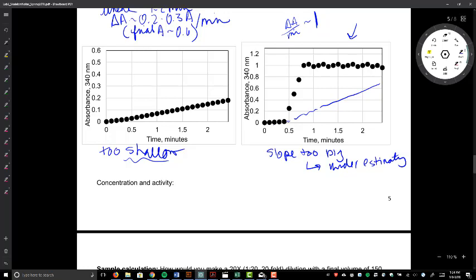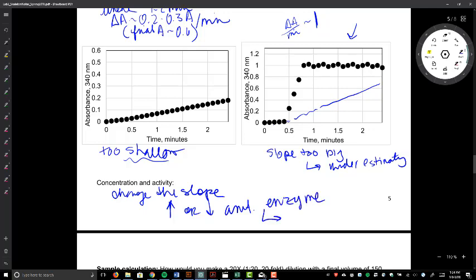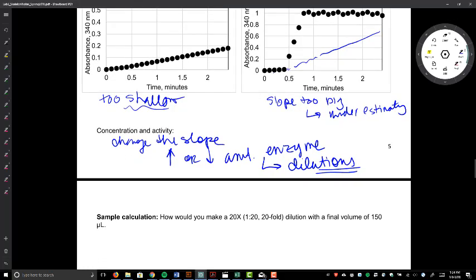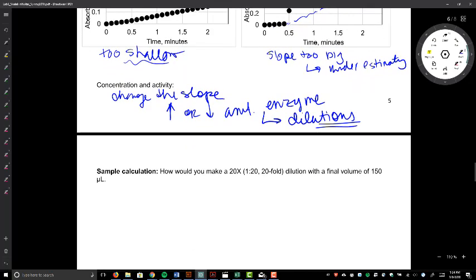And so we can change the slope by increasing or decreasing the amount of enzyme. And we can do this by making appropriate dilutions of our enzyme stock before adding it to the cuvette. And that's exactly what you're going to end up doing.